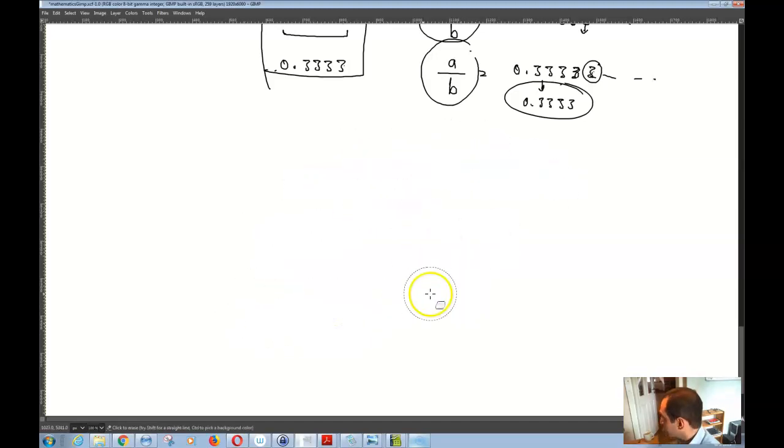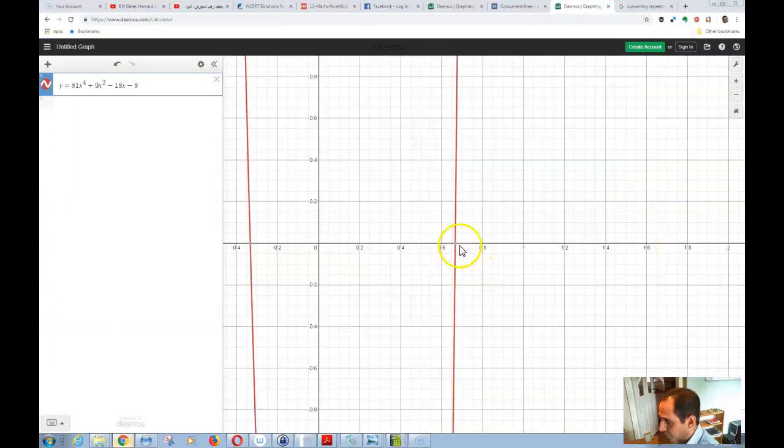suppose that I got this number from the calculator. Over here, I got 0.6667, and I know that the calculator has actually rounded this number to 4 decimal places. Otherwise, this number was originally 0.66666 repeating indefinitely.